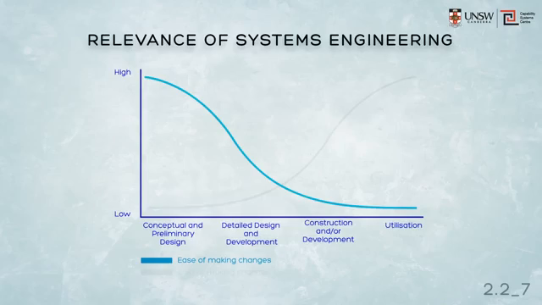In the second curve in the figure, the greatest impact of requirements engineering can be seen to come at a time when the cost of implementing changes is lowest. That is, the earlier we detect and correct errors, the easier they are to correct. Consequently, systems engineering provides the ideal opportunity to have the greatest impact on a project at a time when the changes are easiest and least expensive to make.